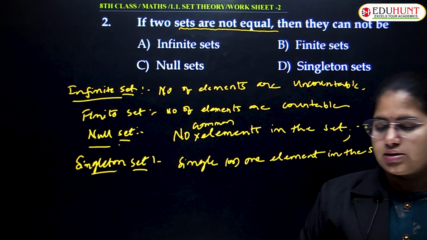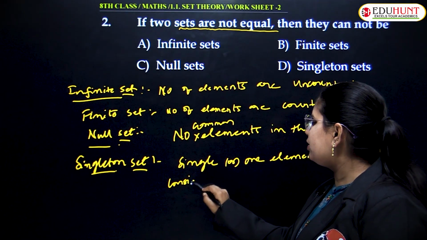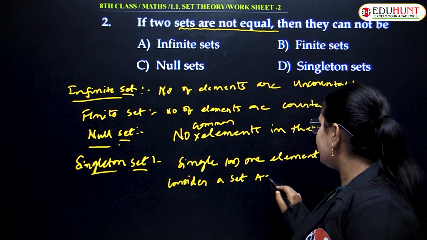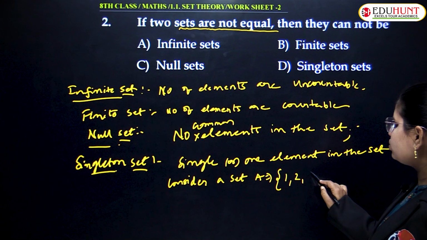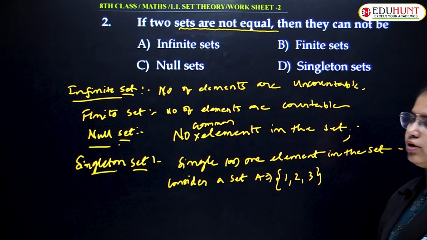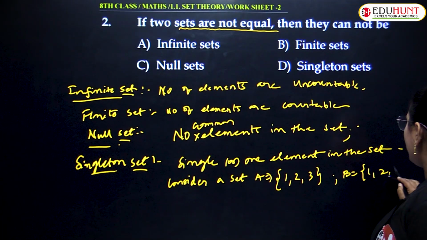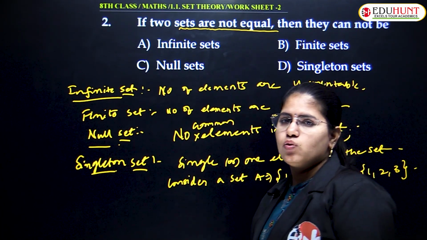What are equal sets? For example, let me consider a set A equal to {1, 2, 3}, and B is also equal to {1, 2, 3}.